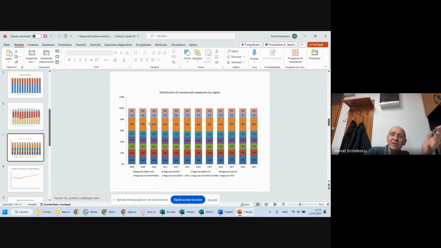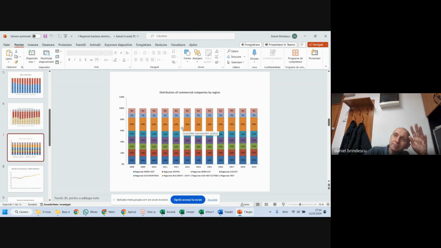Here I have some statistics concerning the distribution of the commercial companies by region, and the distribution is more or less, logically speaking, parallel to the distribution of the population. So about 10% of the population of the country lives in the western region, and a bit less, closer to 9%, of the number of the commercial companies are in the western region.